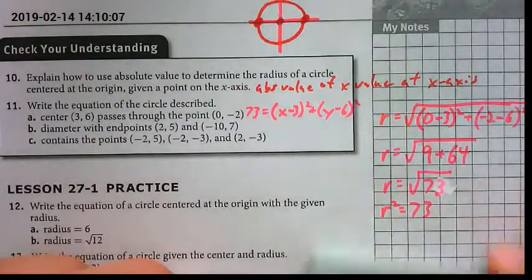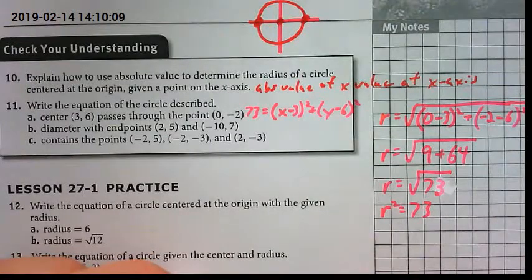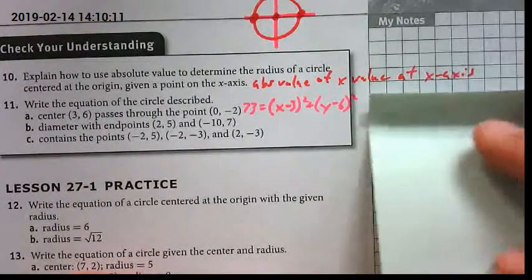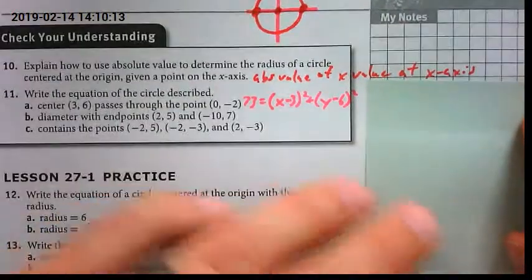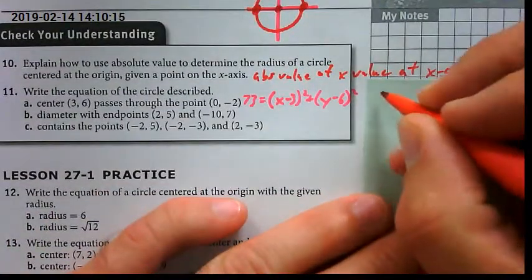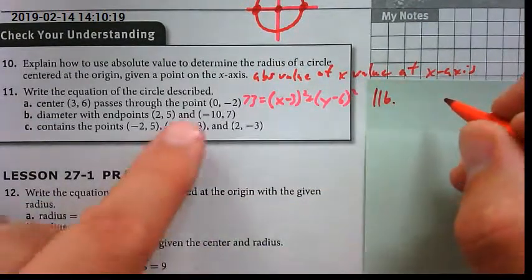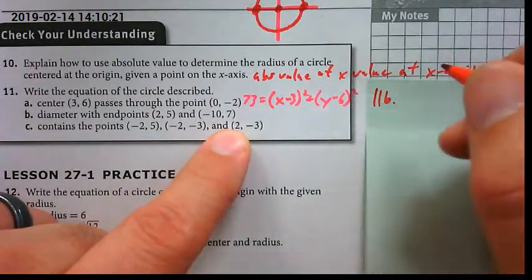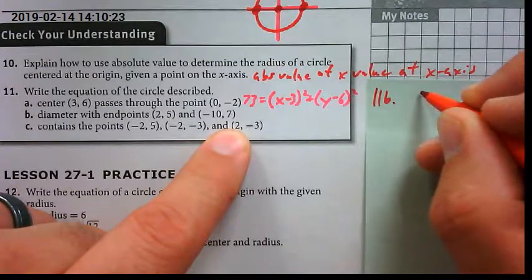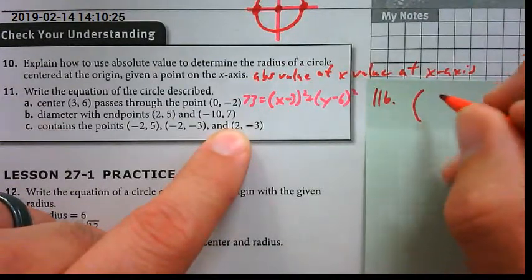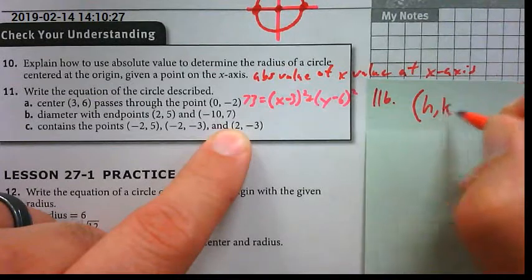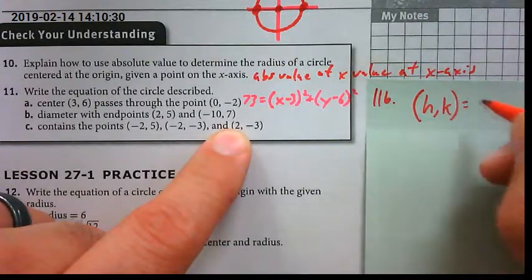So first thing we're going to do for number 11 here, let me put a sticky note over this. So for 11B, we're going to have the midpoint formula, which, again, we went over a second ago. I'm going to write it out in case you forgot what it was. So again, h, k in this case would be our midpoint.